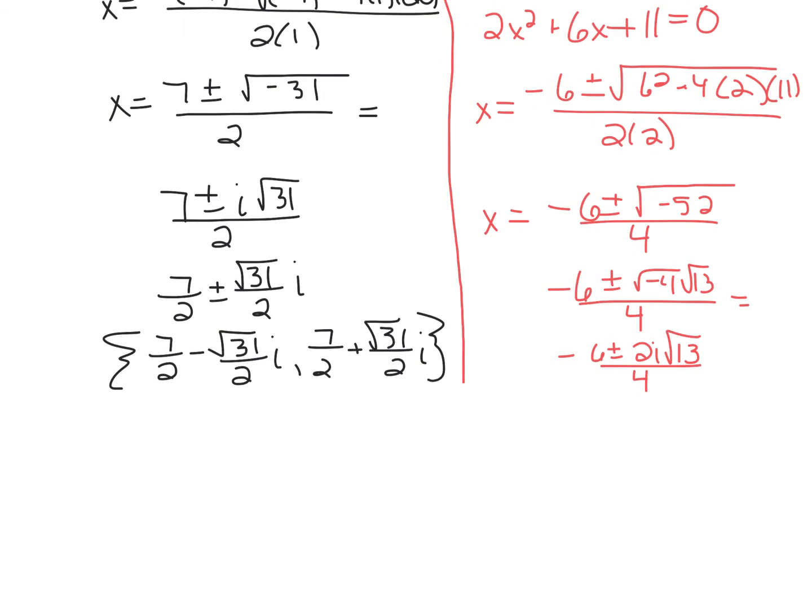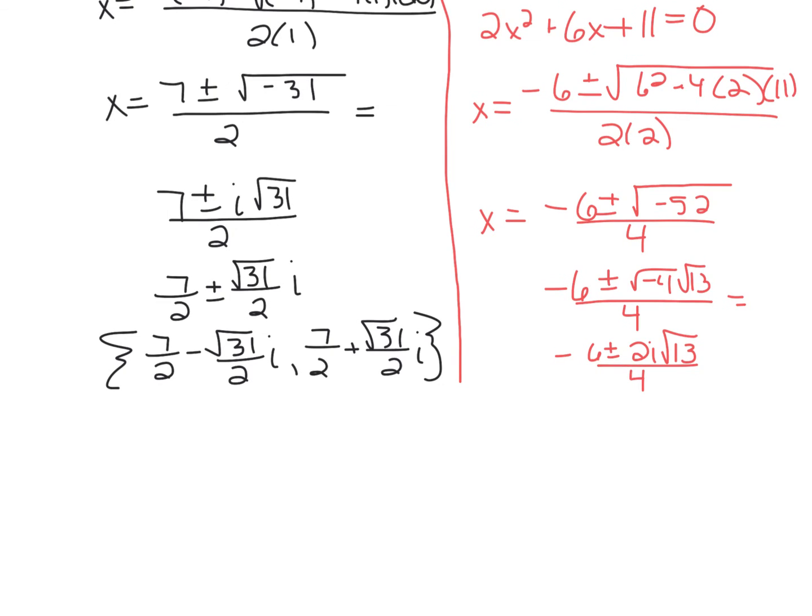And this is going to reduce to, or split up first, right? We're going to split up. We have negative 6 over 4 plus or minus 2 radical 13 over 4i, and reduces to negative 3/2 plus or minus radical 13 over 2i when I reduce the fraction here and I reduce the fraction here.